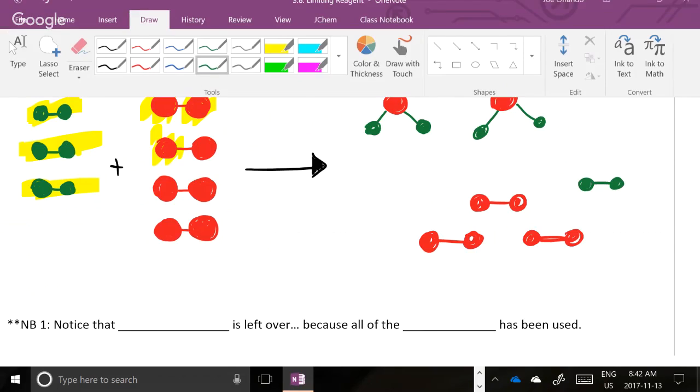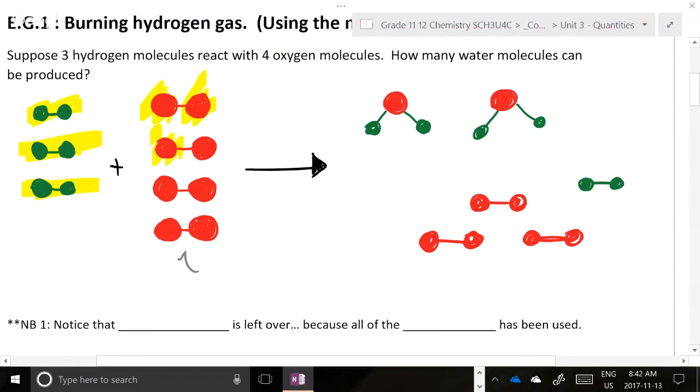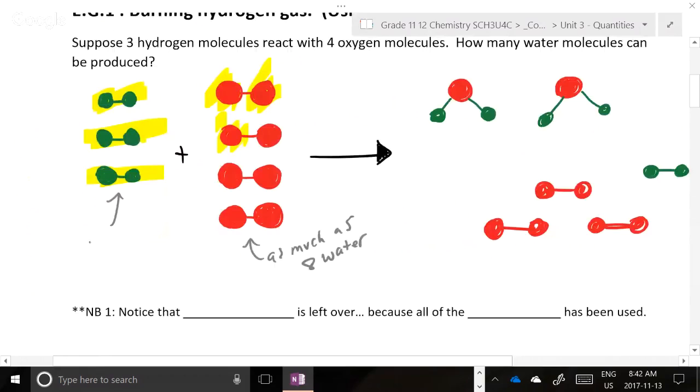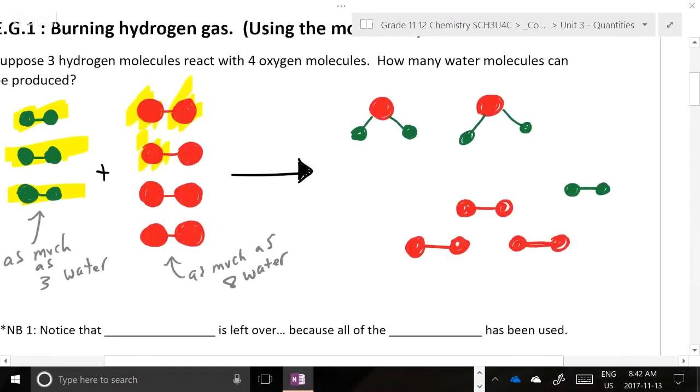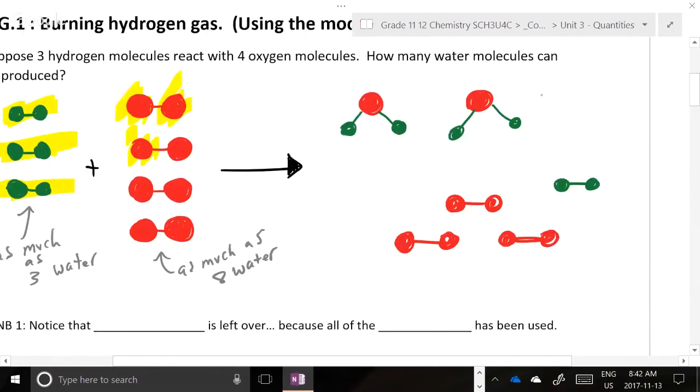So in theory, I could make as many as 8 water here. I could make as much as 3 water here. How much water do I actually get to make? Just 2. Just 2, arguably 3.